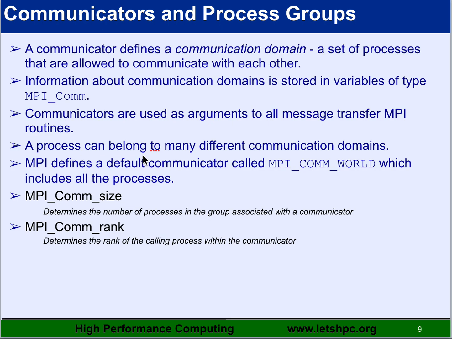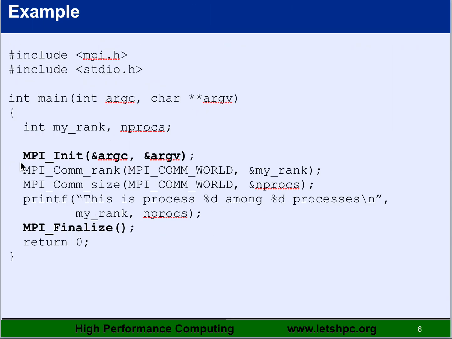MPI defines a default communicator, or communication domain, which we call MPI_COMM_WORLD, and which by default includes all processes. If you look into the first example, you can see MPI_COMM_WORLD. That's the communication domain, and by default it is going to include all the processes involved in this particular program.